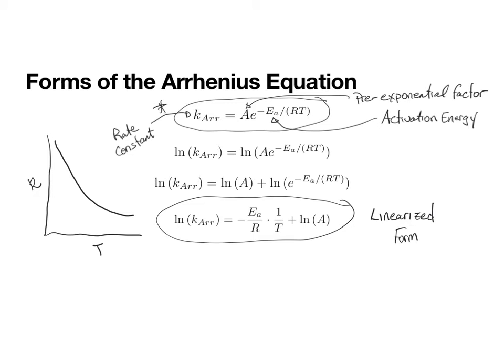When we take the natural log, now, if we graph the natural log of k versus 1 over T, we now have something that is a line. And this linearized form is a lot easier to work with experimentally.